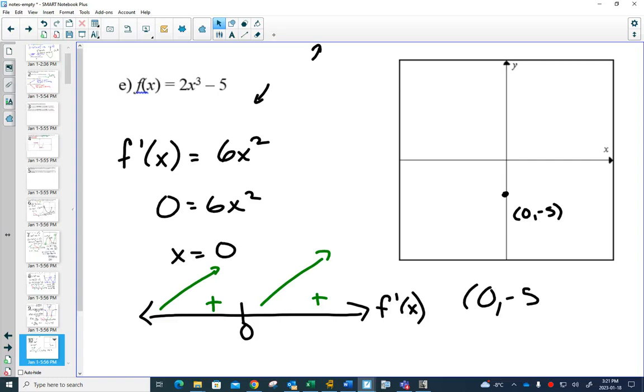Well, first of all, if the derivative is equal to 0 at 0, negative 5, the derivative is 0, that means if we drew a tangent, that tangent would be flat. What happens on this graph to do that and this will make sense to you, but it always has to stay increasing. Can you see the only way that's possible is if it flattens out temporarily and then increases again. If it's increasing, it has to flatten out temporarily and then increase again.